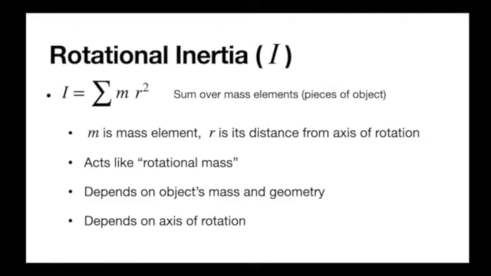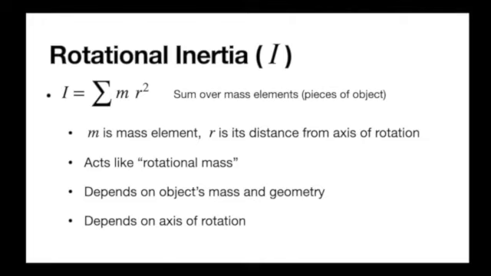A few times I use the example of a dumbbell, right? And it does depend where my axis of rotation is. So here's my dumbbell. Each weight has a mass m, and we'll say it has a length L. If I rotate it about the center, then my moment of inertia is the sum of each m r squared.